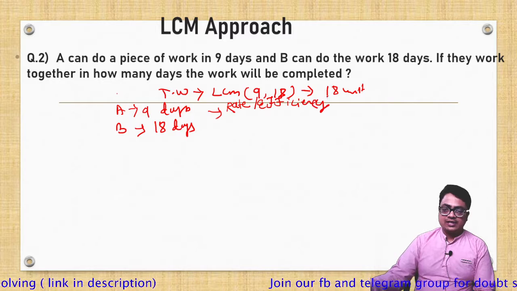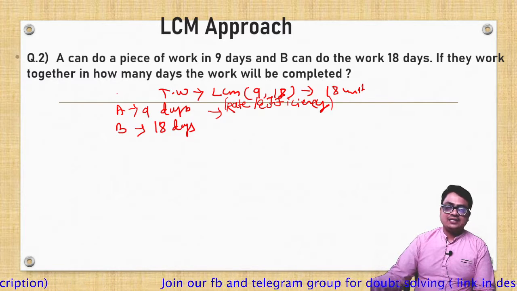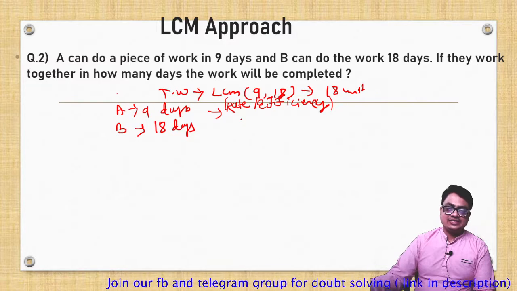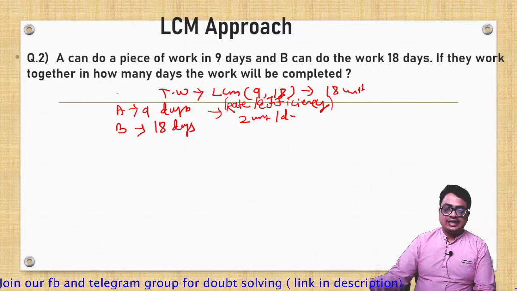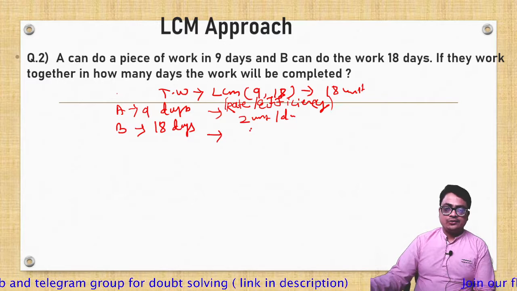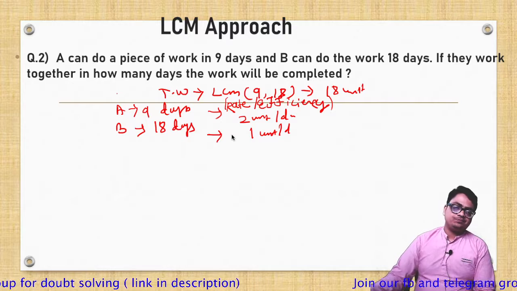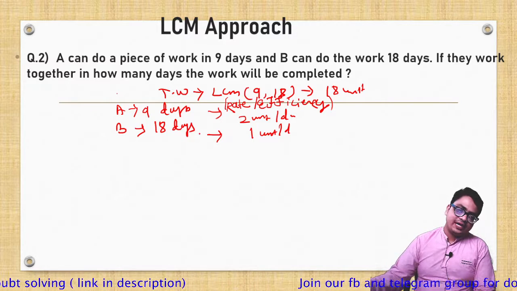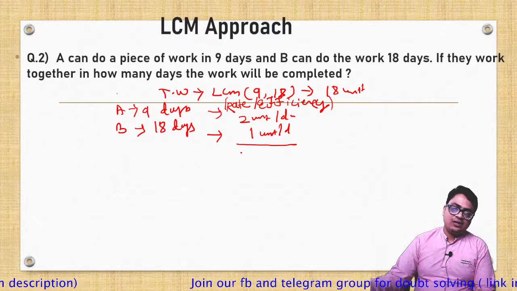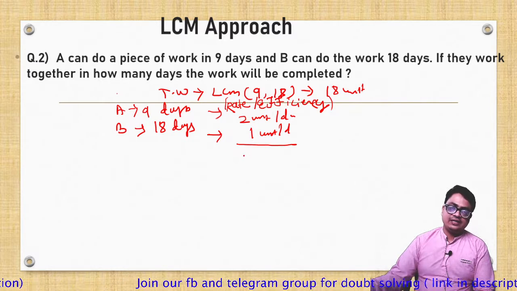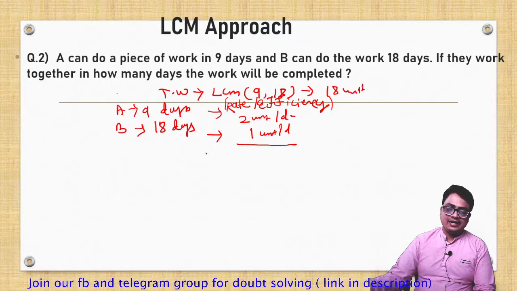So what is A's rate? This 18 units by 9 days will be 2 units per day, and B will be 1 unit per day. So A is doing 2 units per day, B is doing 1 unit per day. What is the total rate of work by A and B?